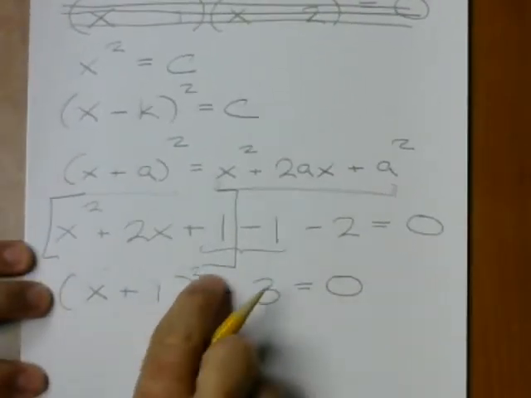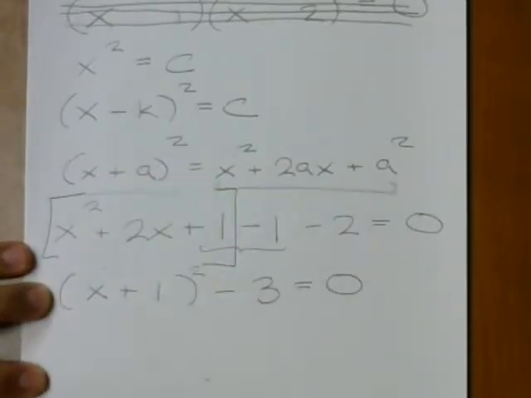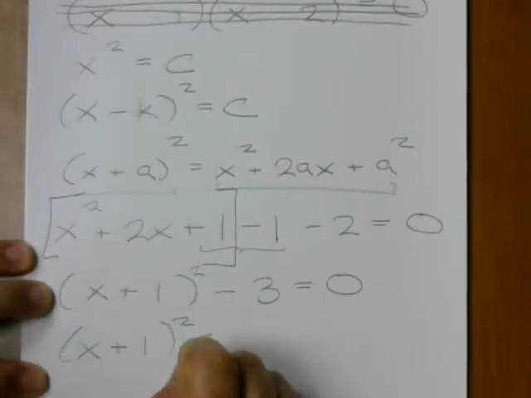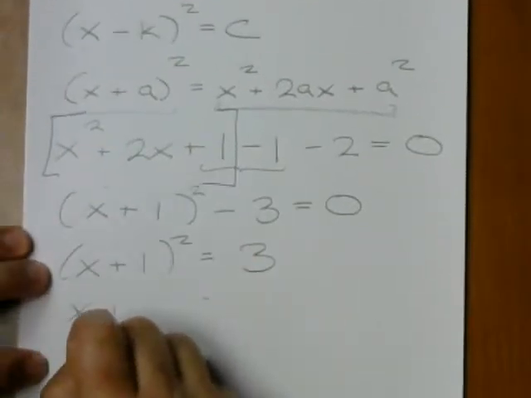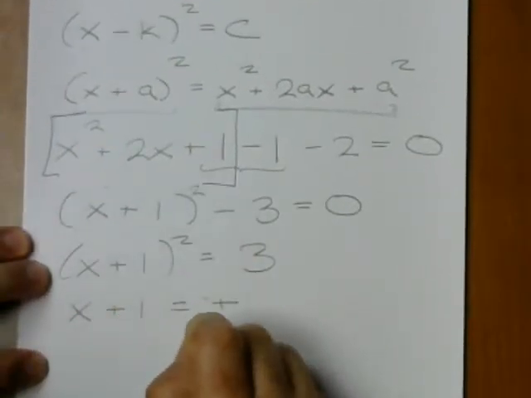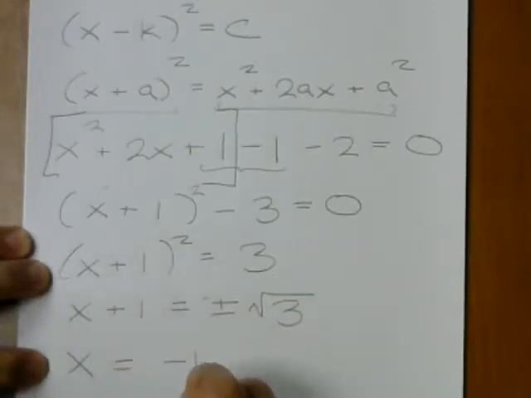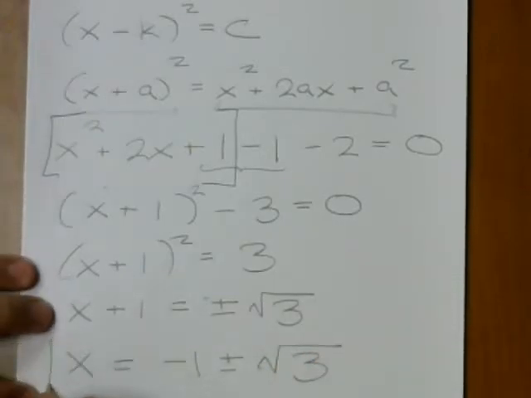And this is squared, because we're using this rule, so we have a square. And now we get x plus 1 squared equals 3. That immediately tells me that x plus 1 is equal to plus or minus the square root of 3, and that x is equal to negative 1 plus or minus root 3. And now our problem is solved.